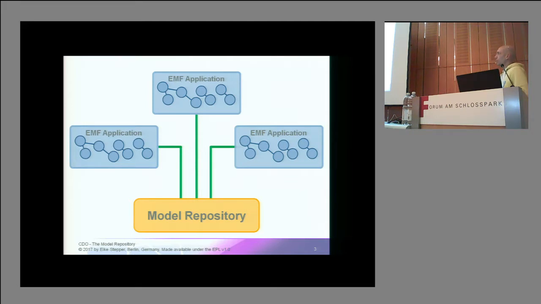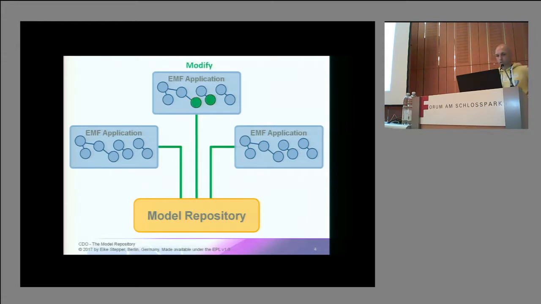So you have an EMF application and deploy that application to multiple network nodes. When they start up, they typically connect to the central CDO repository and communicate with it.